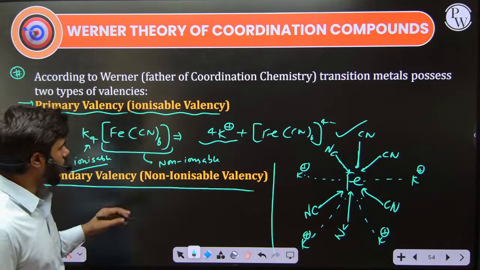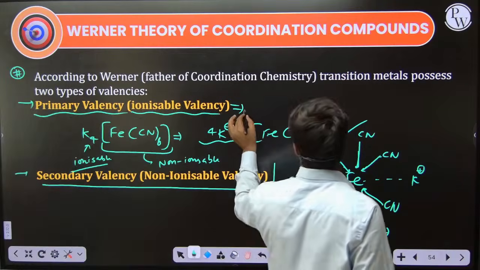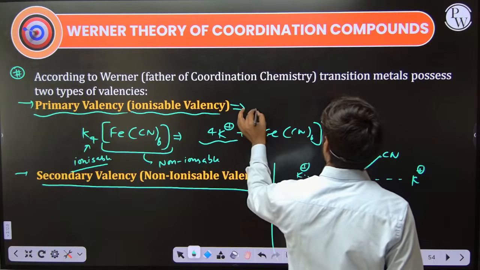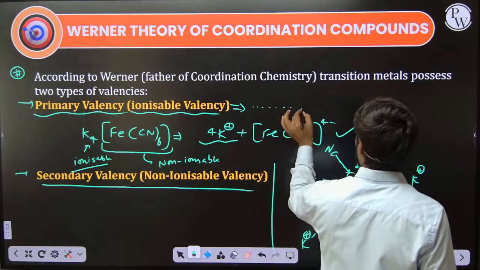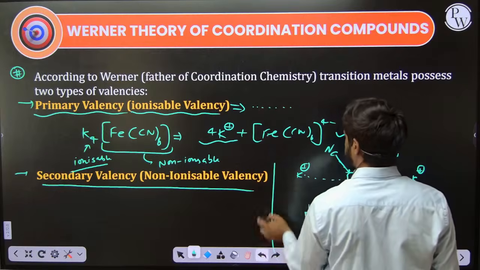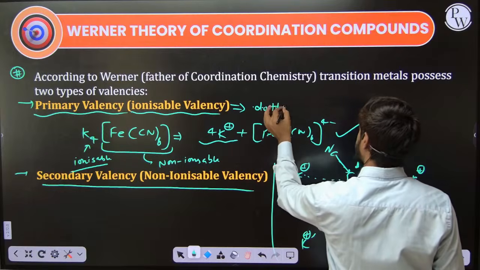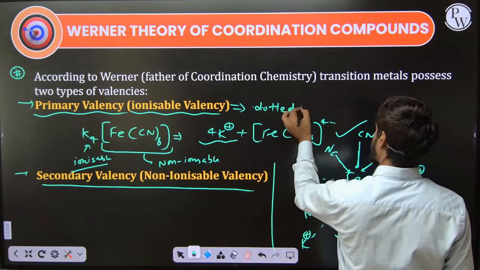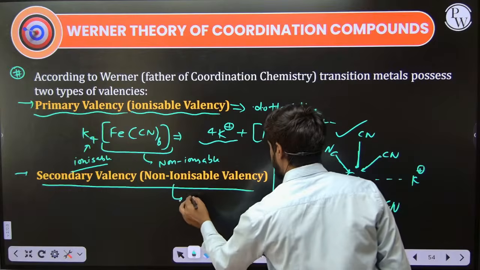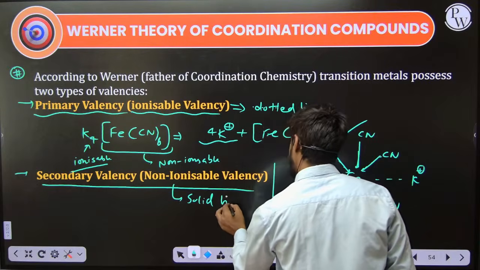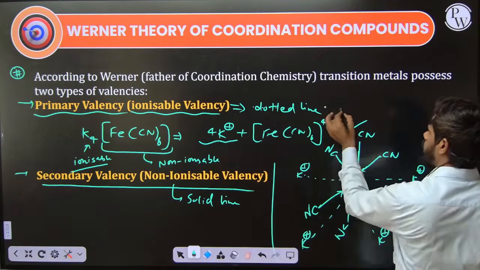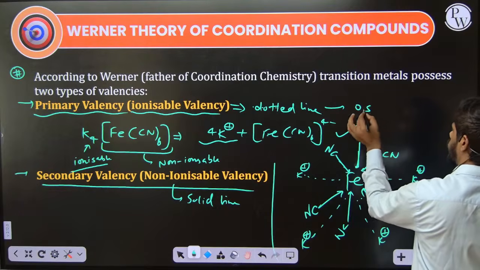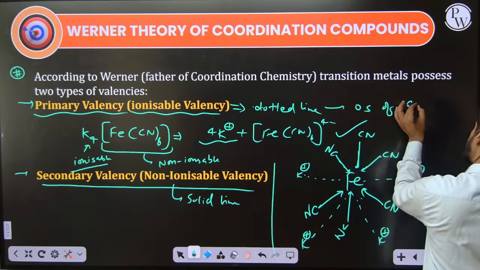We can say the primary valency is represented by the dotted line, and the secondary valency is represented by the solid line. The primary valency represents the oxidation state of the central metal atom.